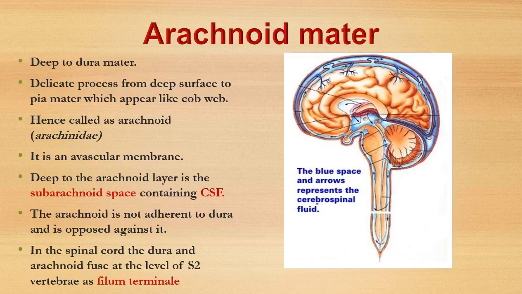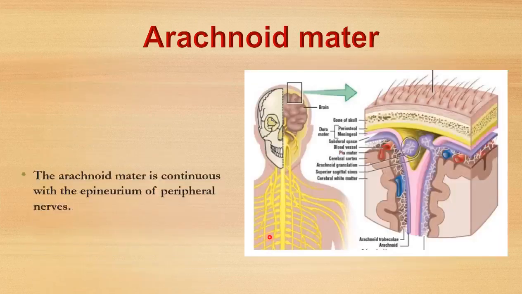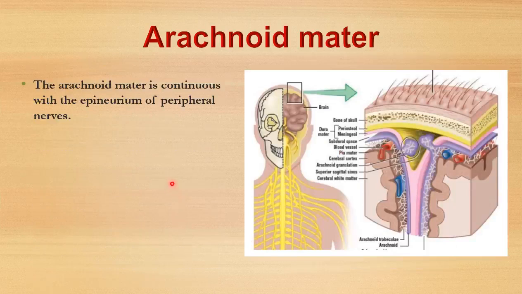This free flow of CSF is also called the fifth or the terminal ventricle. The arachnoid mater is continuous with the epineurium of the peripheral nerves.